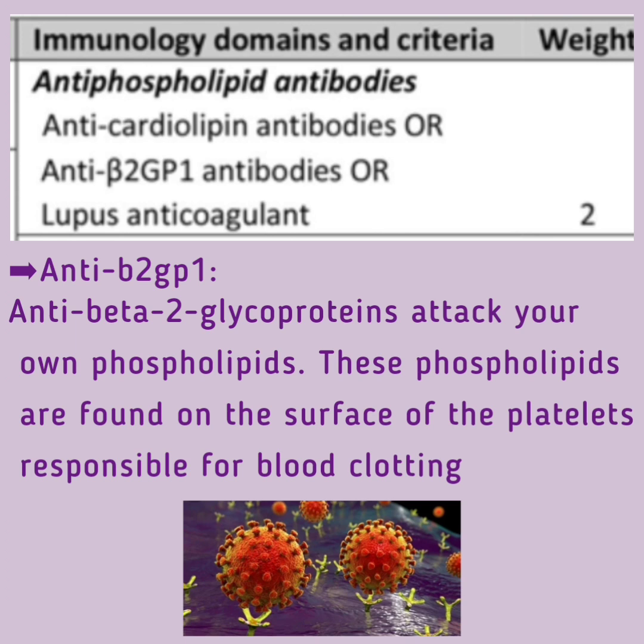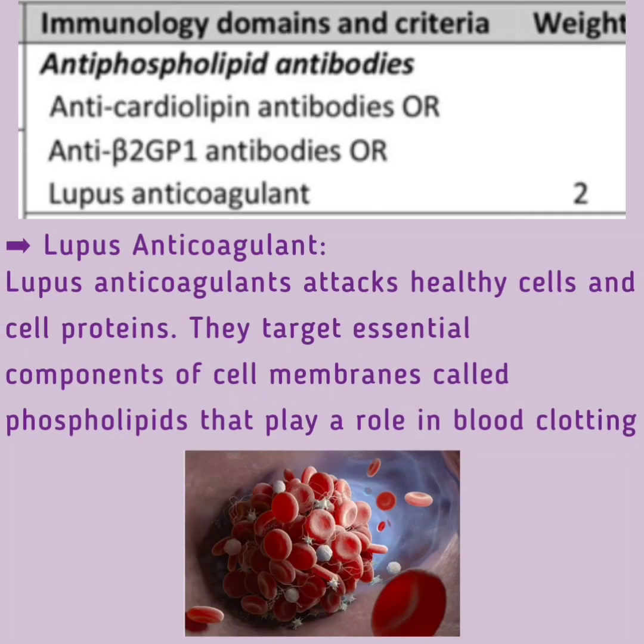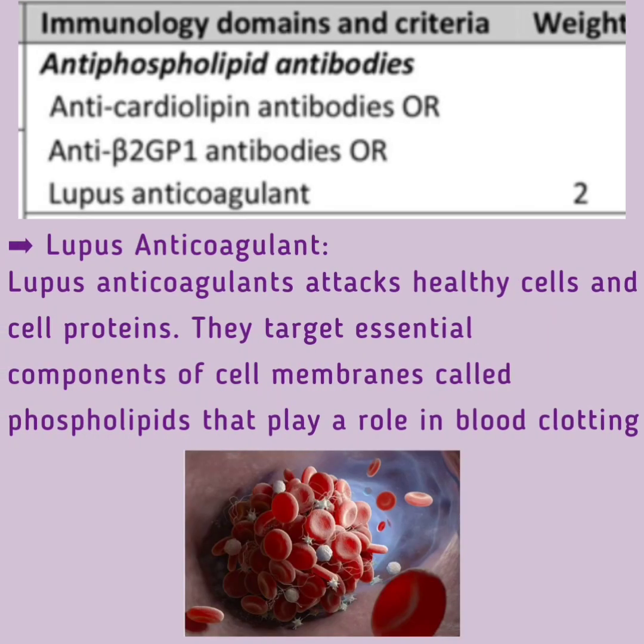These antibodies attack the phospholipids on the surface of the platelets that are required for blood clotting. The next one is lupus anticoagulant. They attack components of the cell membranes that play a role in blood clotting.